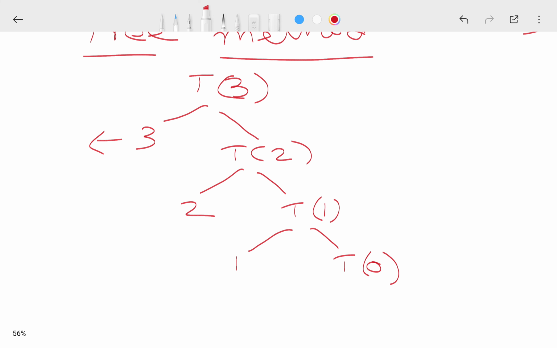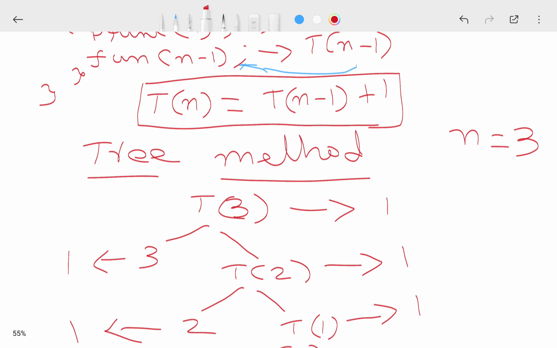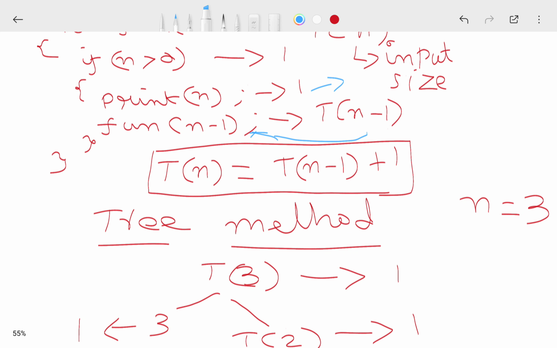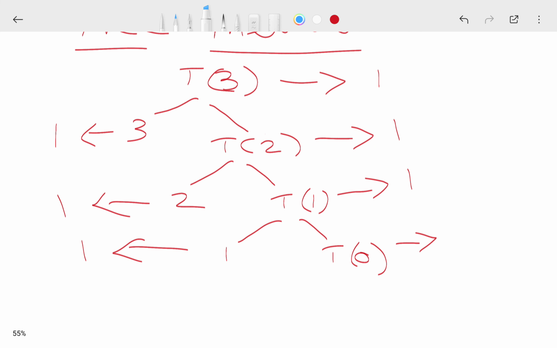Each time a function call executes, the time taken for the print statement is 1 unit, and this takes 1 unit, and this takes 1 unit. So the function call T of 3 takes 1 time unit, T of 2 takes 1 time unit, T of 1 takes 1 time unit, and T of 0: though T of 0 doesn't print any value, when the n value is 0 the conditional statement is still executed, and the time taken by that statement is 1 unit.